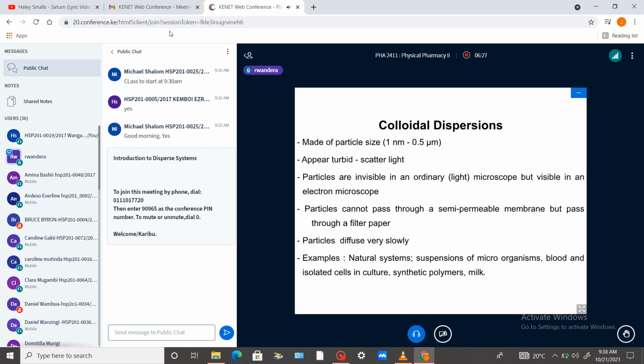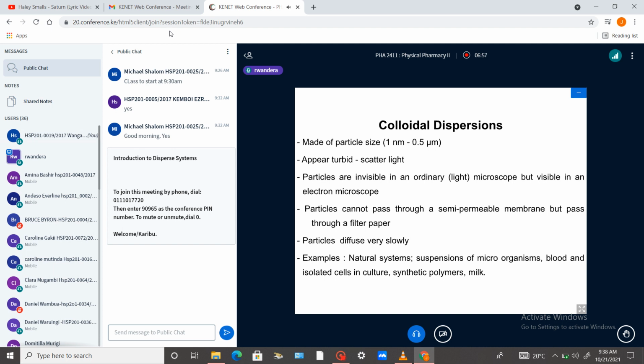The particles diffuse slowly as compared to molecular dispersions. Now, examples of colloidal dispersions under the natural systems, we have suspensions of microorganisms. Blood has colloidal components. We also have isolated cells in culture. Some synthetic polymers may form colloidal dispersion.